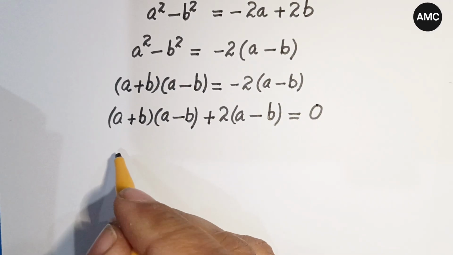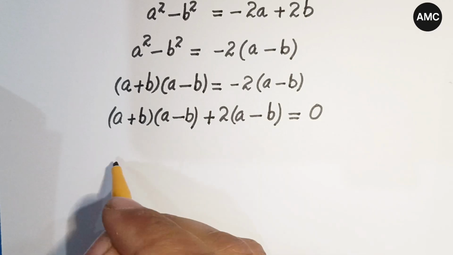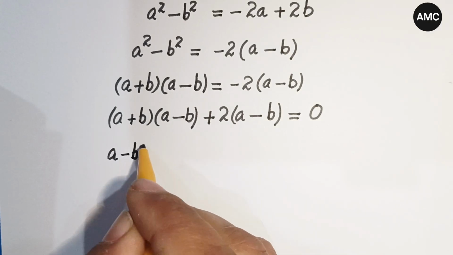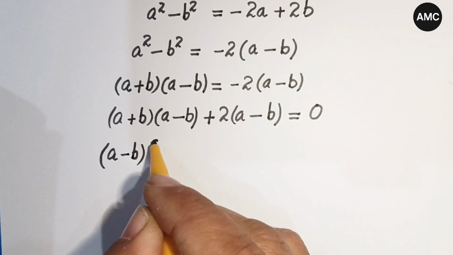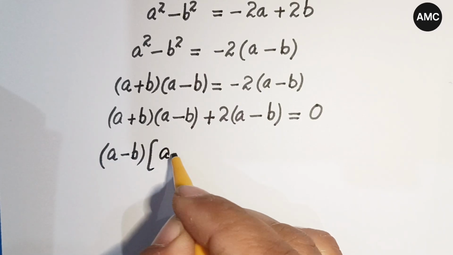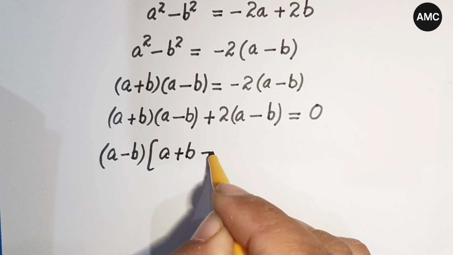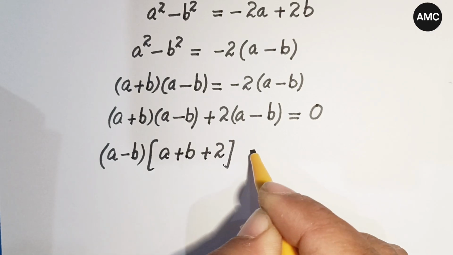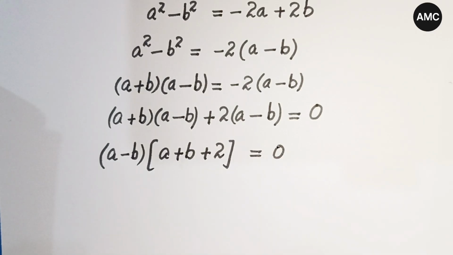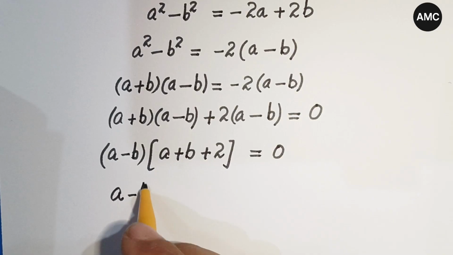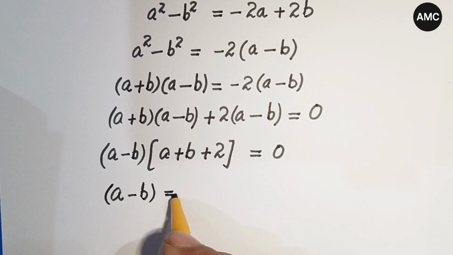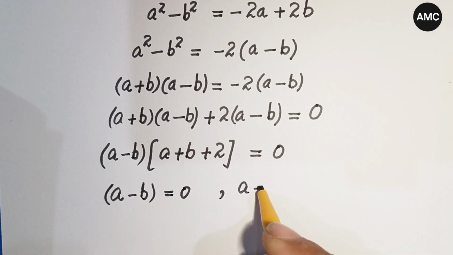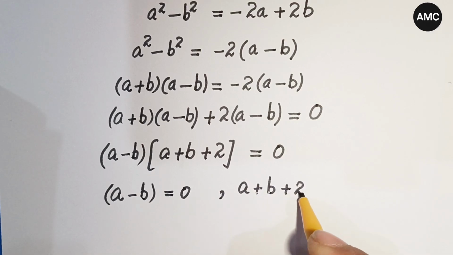Now if we take a minus b common, inside the bracket we get a plus b plus 2 is equal to 0. Now here we have two possible cases: a minus b is equal to 0 and a plus b plus 2 is equal to 0.